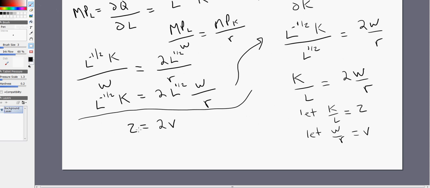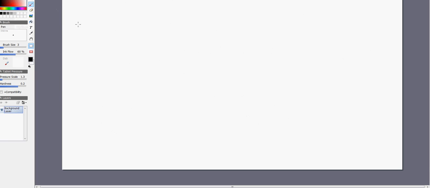Now we can use the elasticity of substitution formula. Just rewriting, we have Z equals 2V, and our elasticity of substitution formula was given by this expression. So we're going to take the derivative of this equation.